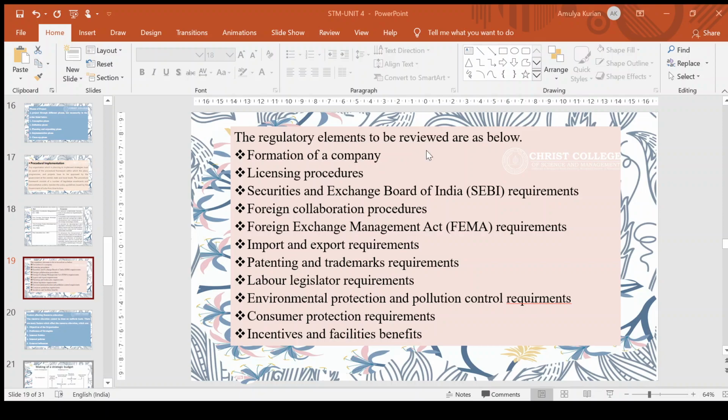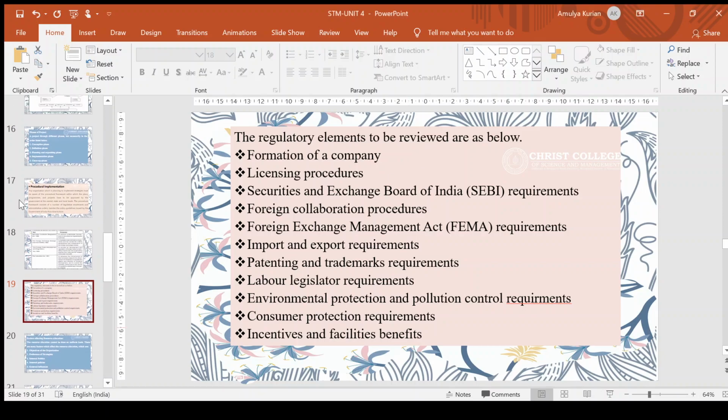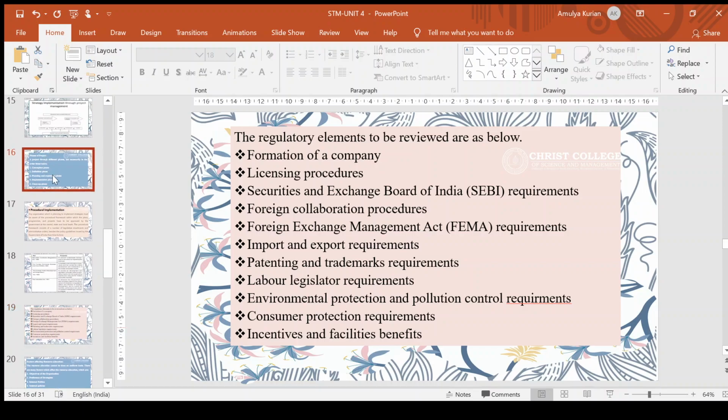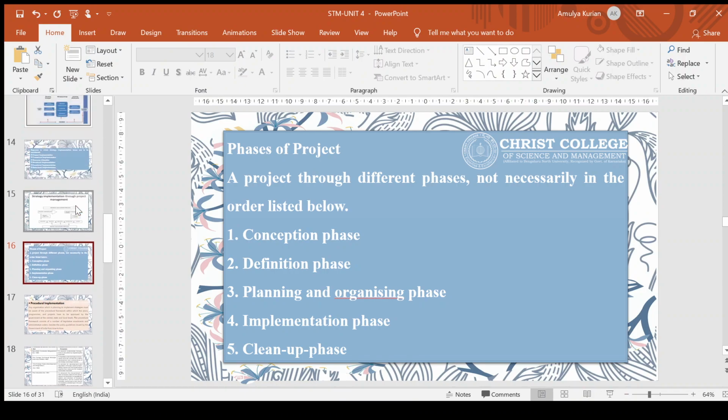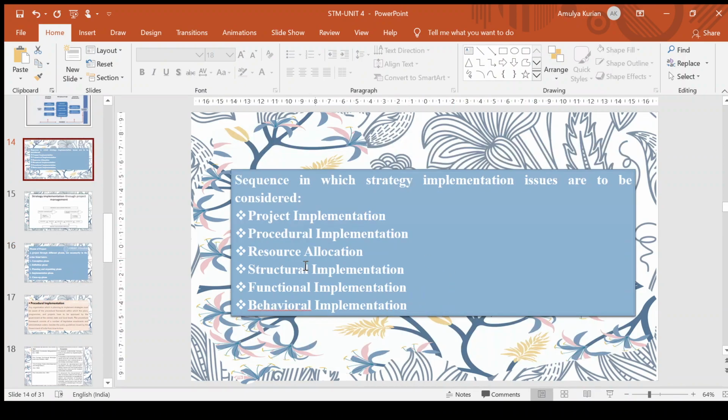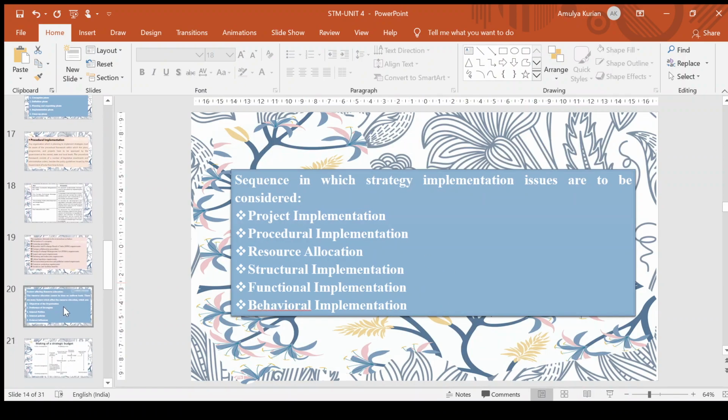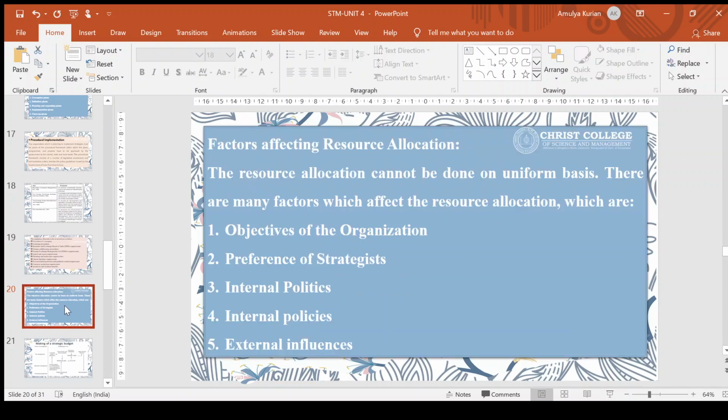Next, first we have seen project implementation, second procedural implementation. The third one is resource allocation. Resource allocation is very important because we have scarce resources. So the planning should be done promptly so that the resources can be easily allocated.